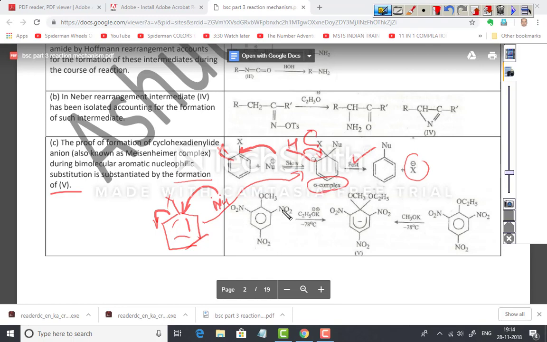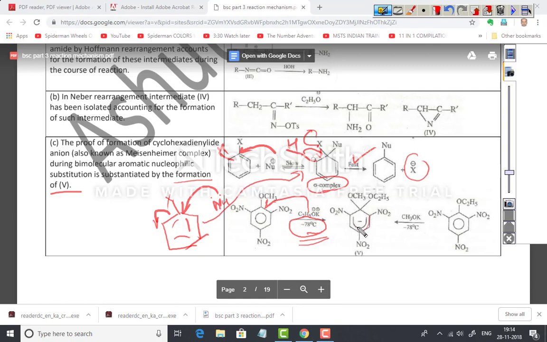Similarly, we have this trinitro compound. The base comes, and the base is now acting more like a nucleophile, a kinetically controlled reaction. So it comes over here, right? And we have a minus, as we discussed in the mechanism over here.